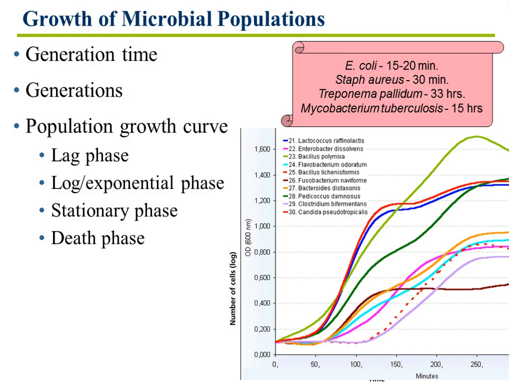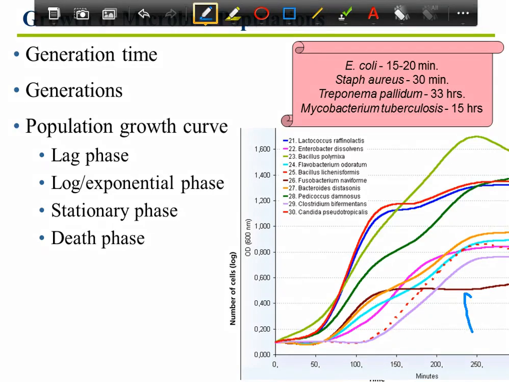Here's a look at some different kinds of growth curves of different bacteria. If you look at this one right here, that is Fusobacterium naviforme, and it has a pretty nice growth curve comparable to the one I just showed you. The lag phase is over in this area. It's kind of hidden by all the other colors. Then here's your log phase here, and I already have the arrow on the stationary phase, and they haven't, this is 250 minutes, 275 minutes, about 4.5, 5 hours.